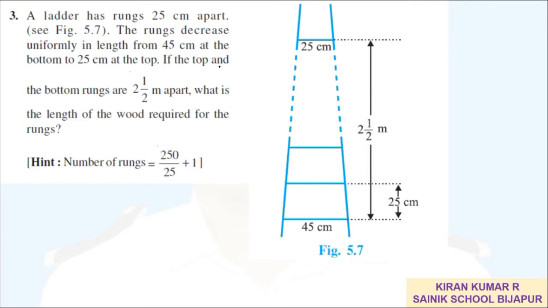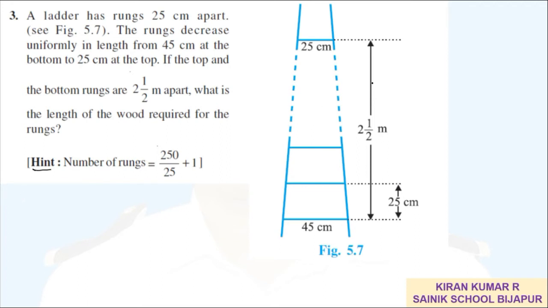If the top and the bottom rungs are 2.5 meter apart, what is the length of the wood required for the rungs? The number of rungs will be 250 by 25 plus 1. This is the hint given. Let's see how to go about this question.